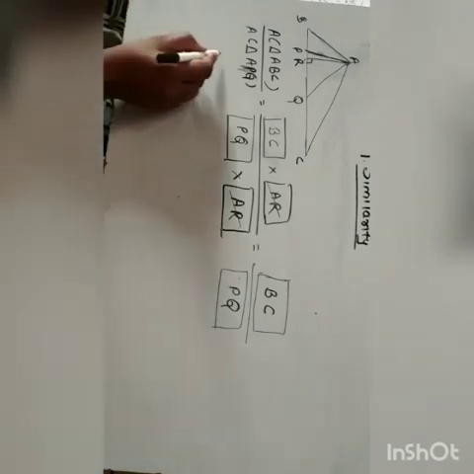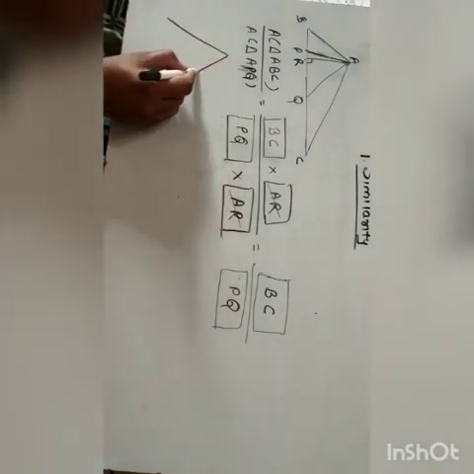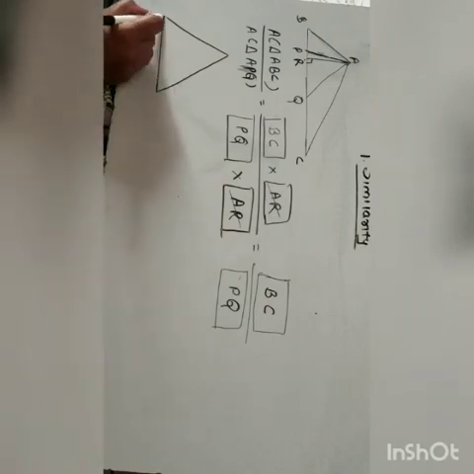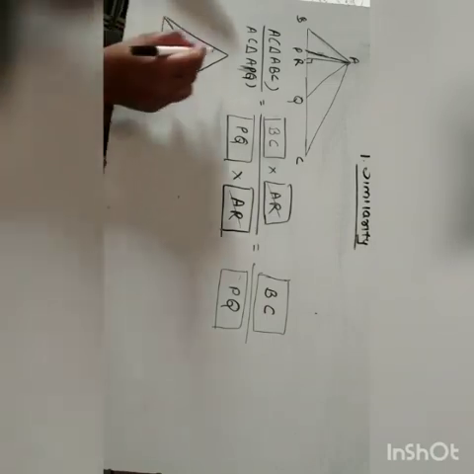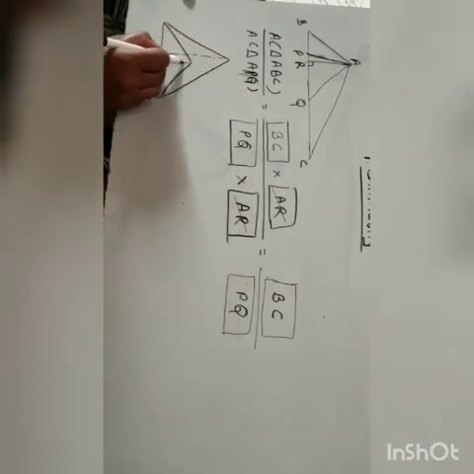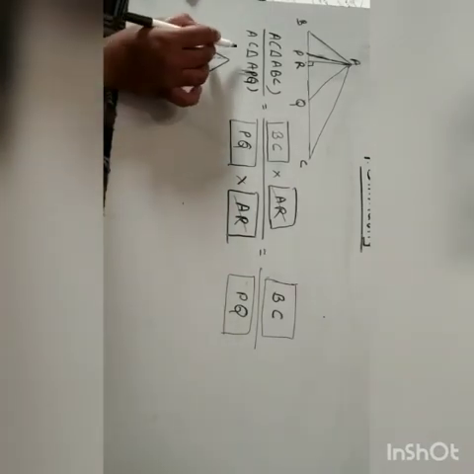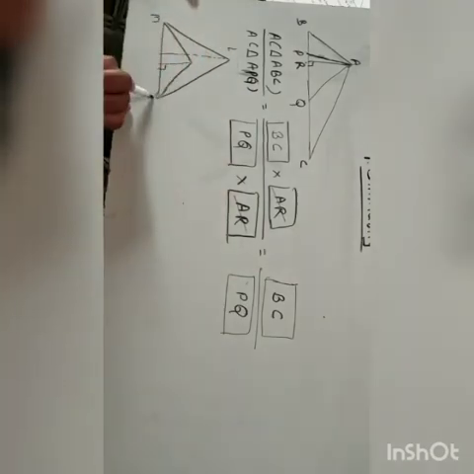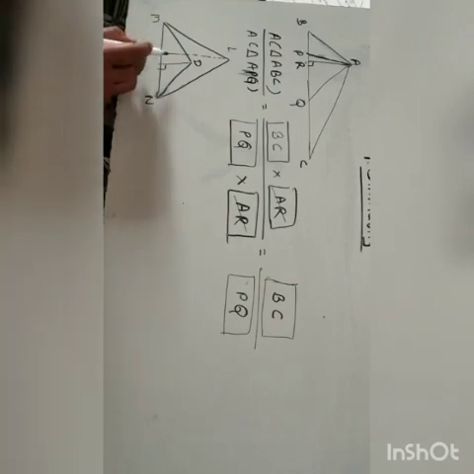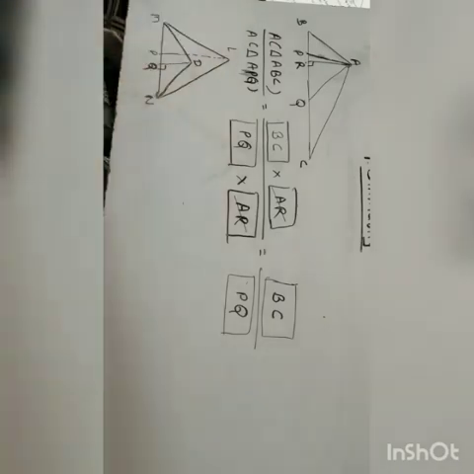One more figure is given in the textbook, just see here. For this figure, we will draw the altitude for both the triangles. This triangle is LMN, and one more triangle is DMN. For triangle LMN, LP is its height, and for DMN, DQ is its height.